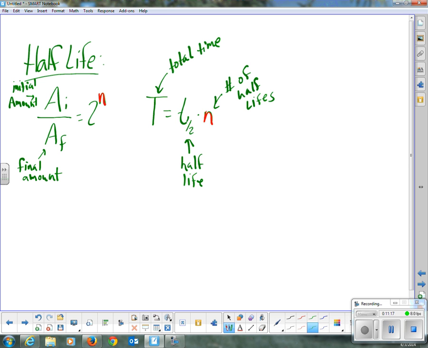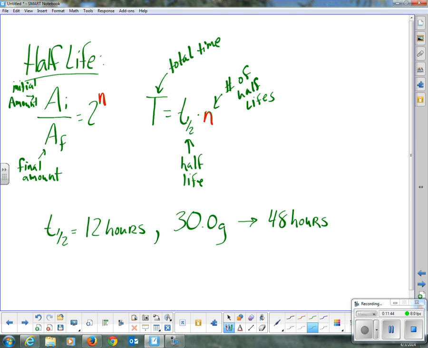So say that I had some substance that had a T1/2 of 12 hours. Okay, and I started with 30 grams of it. And I want to know after 48 hours how much is left.